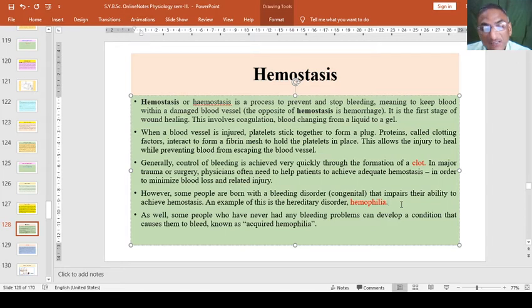As well, some people who have never had any bleeding problems can develop a condition that causes them to bleed, known as acquired hemophilia.